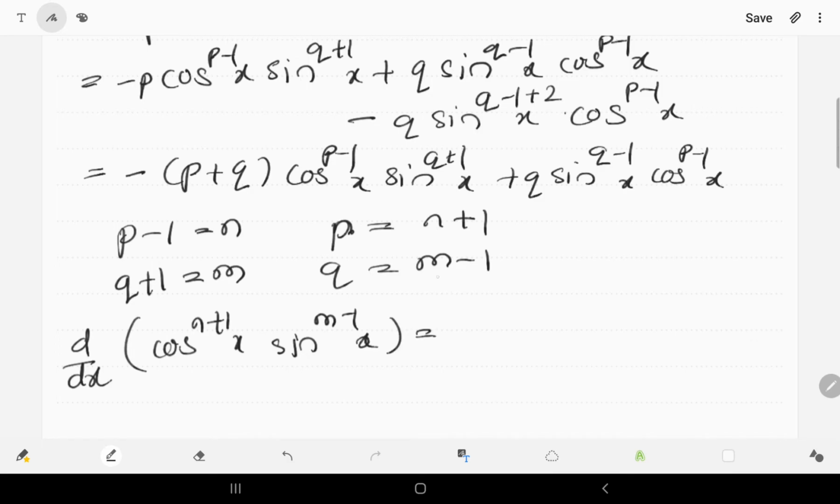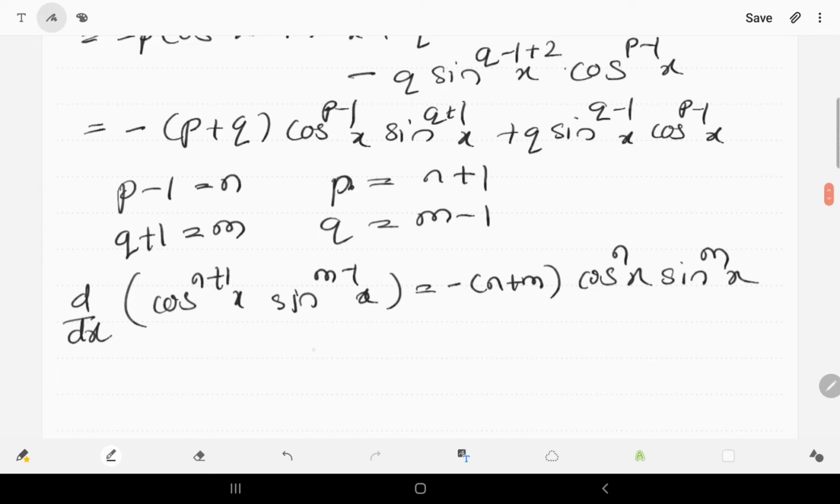P is n plus 1, q is m minus 1, that is equal to nothing but m plus n, cos raised to p minus 1, that is cos raised to nx, and sin raised to q plus 1, that is sin raised to mx. In place of q plus 1 put m, and q is m minus 1, sin raised to q minus 1, where q minus 1 is nothing but m minus 2x, cos raised to nx.